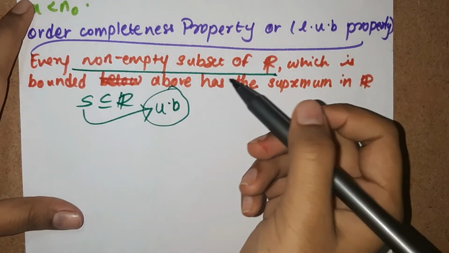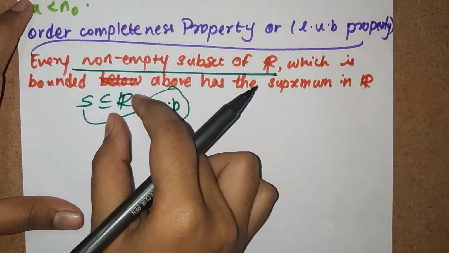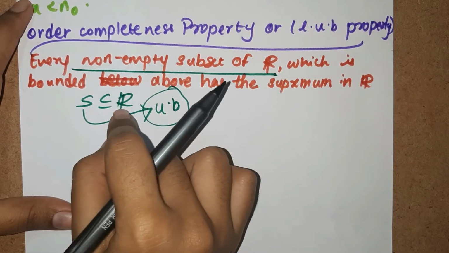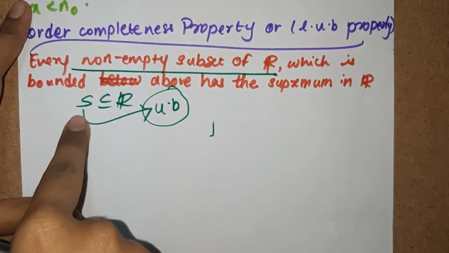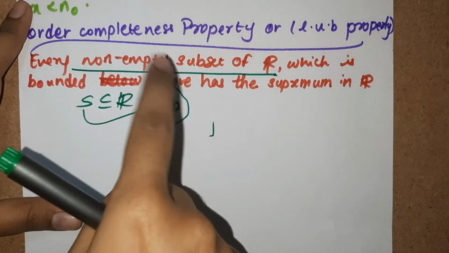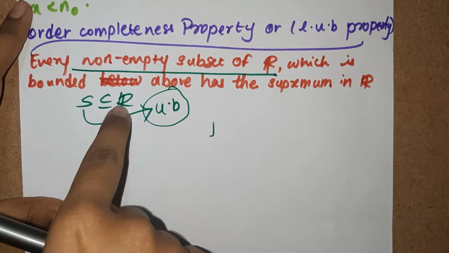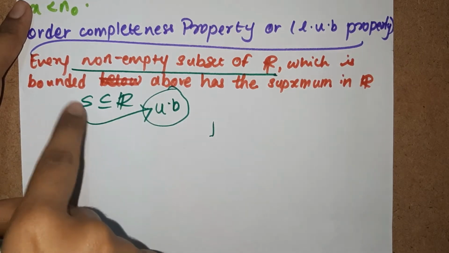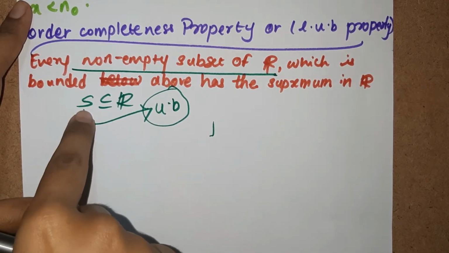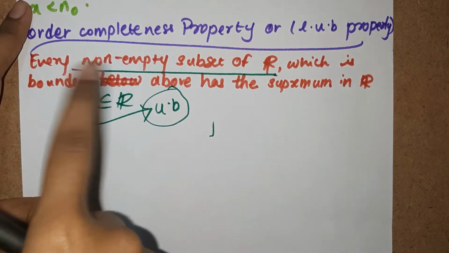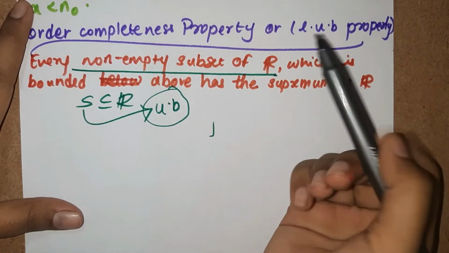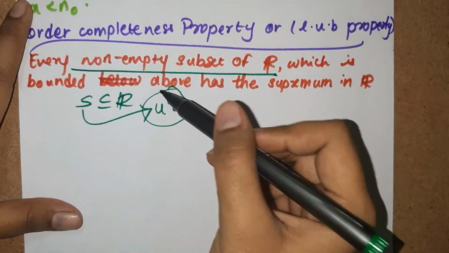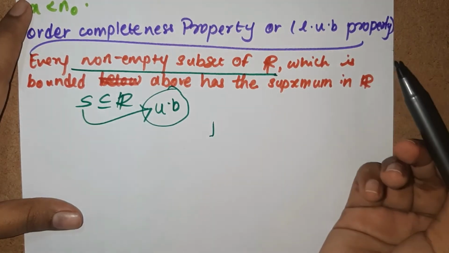An upper bound is an element in R that is greater than all the elements of set S. Then that element is said to be an upper bound of S, and S is said to be bounded above by that element. So if S is bounded above, which means S has an upper bound, it has the supremum in R.